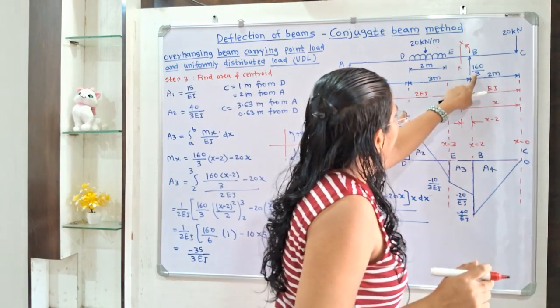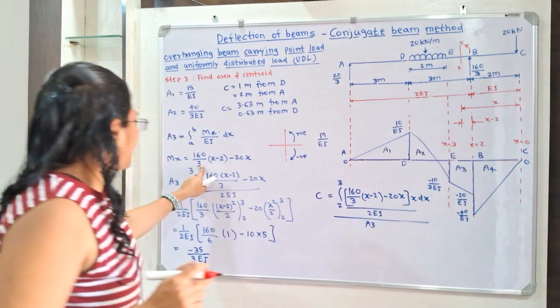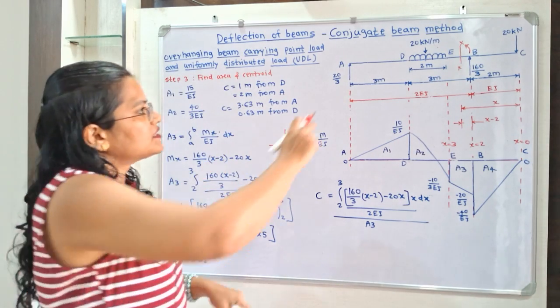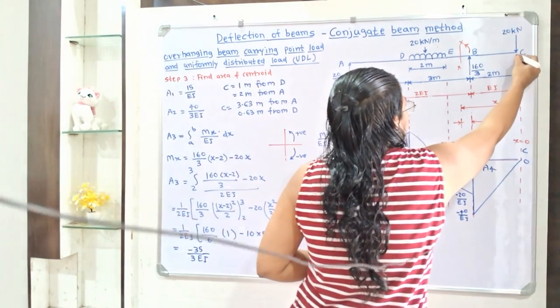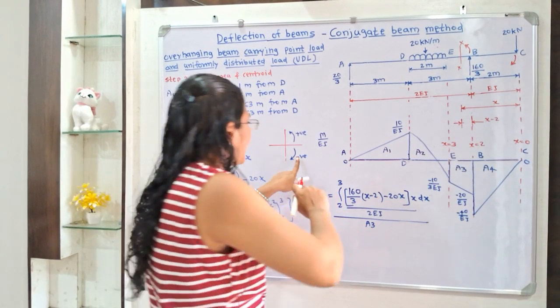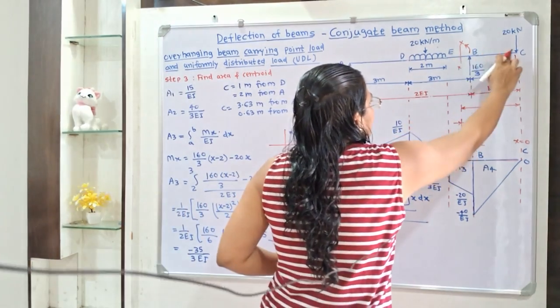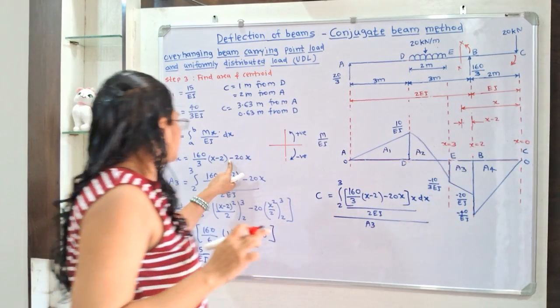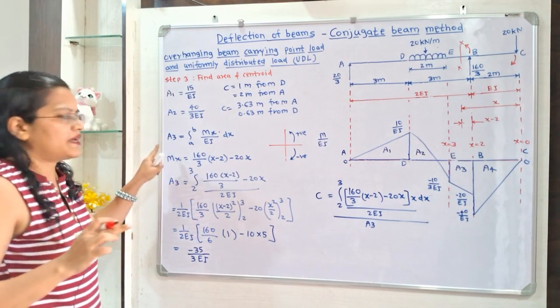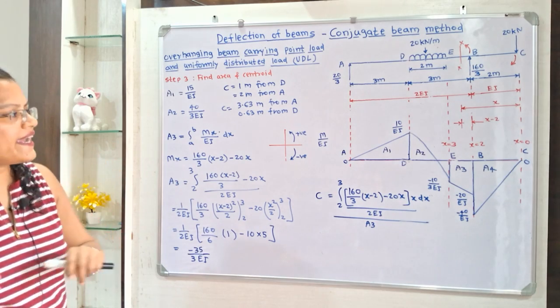So 160/3 multiplied by x minus 2. Now next is 20 kilonewton. This time it is clockwise direction on the right hand side, so use negative sign. So minus 20 multiplied by this distance x, so minus 20x. So this is Mx.